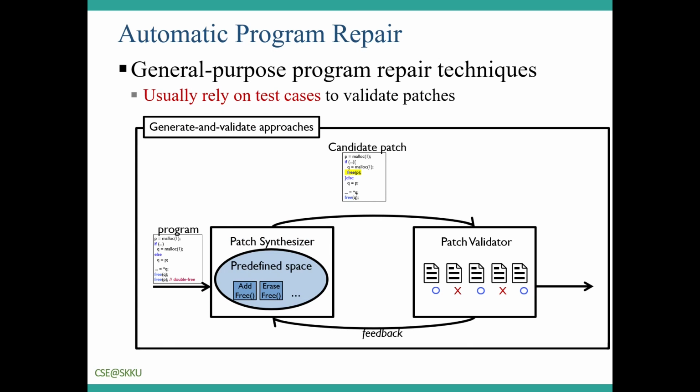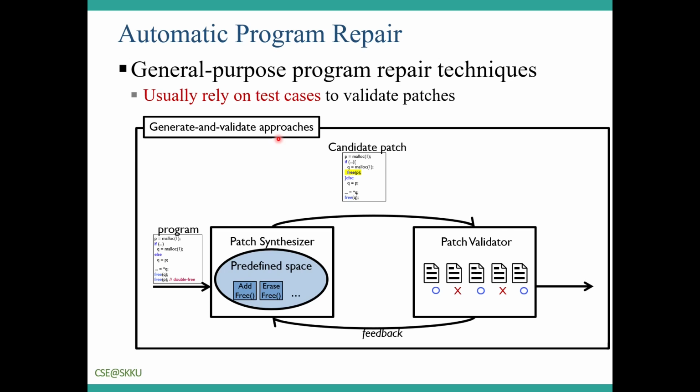First of all, let me give you a high-level explanation of general purpose program repair techniques. These techniques typically rely on a set of test cases to determine whether a generated patch is valid. A core approach is called generate-and-validate.